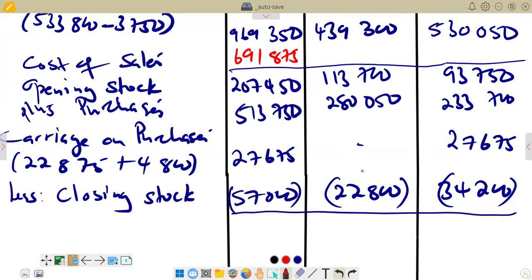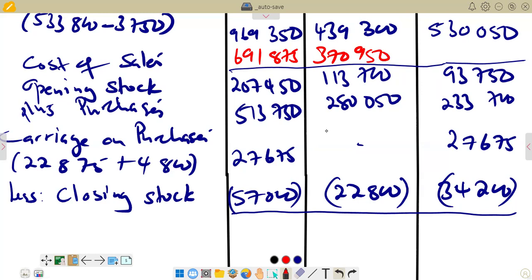And then we are going to get 370,950. So this is what we have.